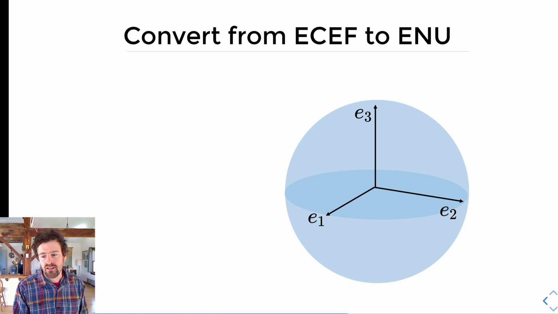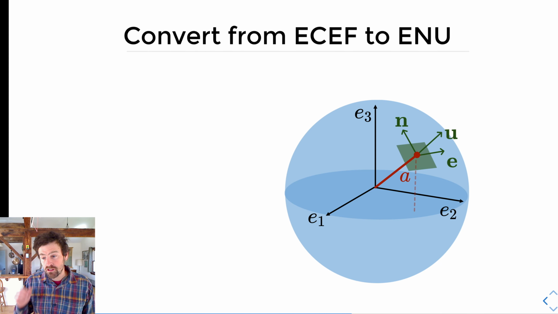Here's our Earth, and we're assuming a spherical Earth for this problem with some fixed coordinate system. That's our ECEF coordinate system. We want to re-express some points in this local coordinate system, which at some local tangent point A on Earth is defined by a local east, north, and up frame. So it's just a three-dimensional coordinate system transformation is all we're doing.